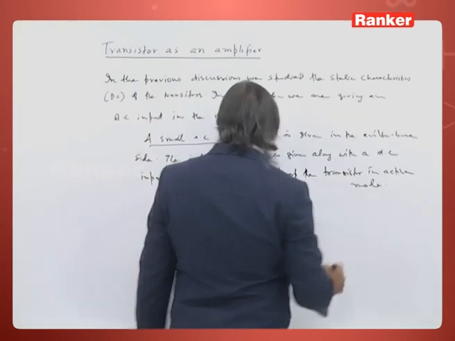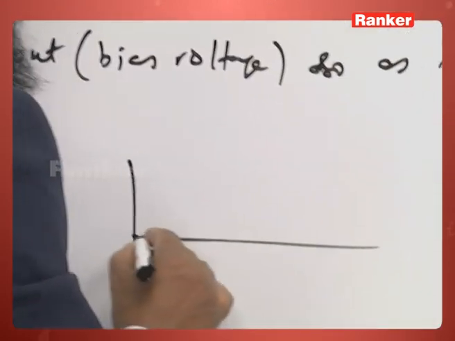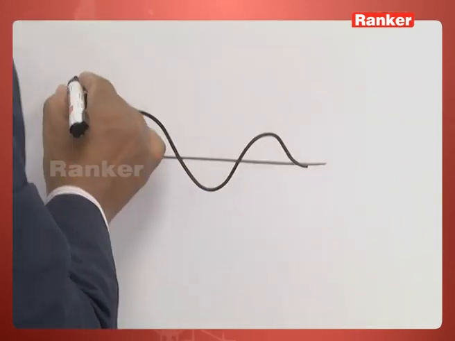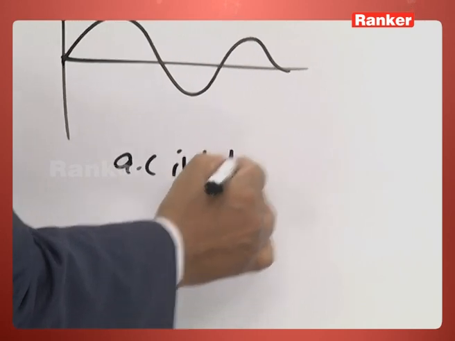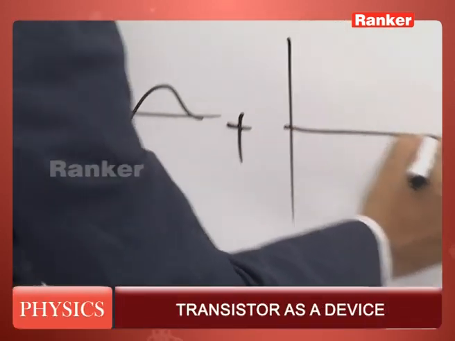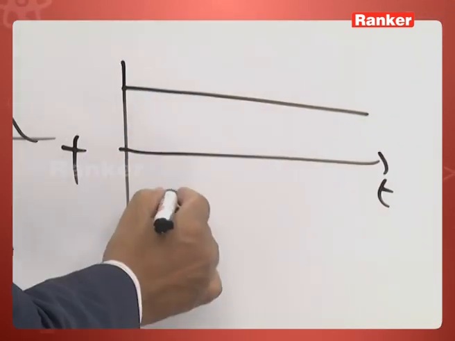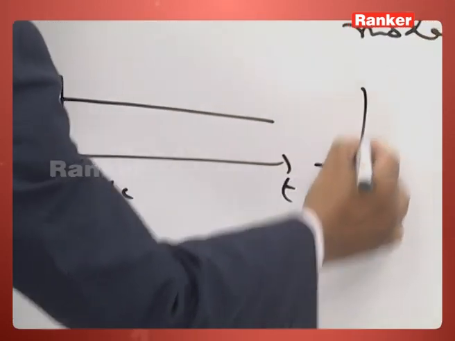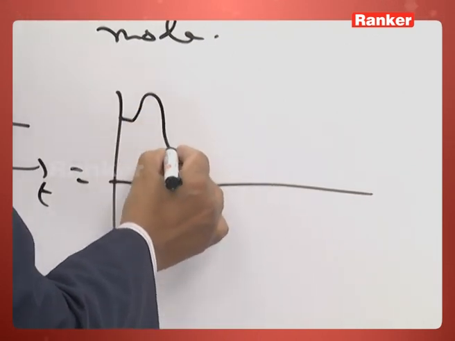Suppose this is the AC input signal. What we do is mix this with a DC input, so that my signal should be something like this.